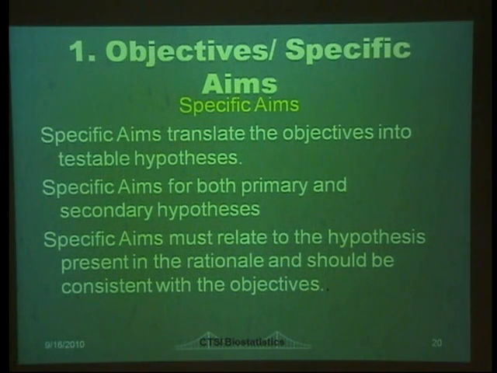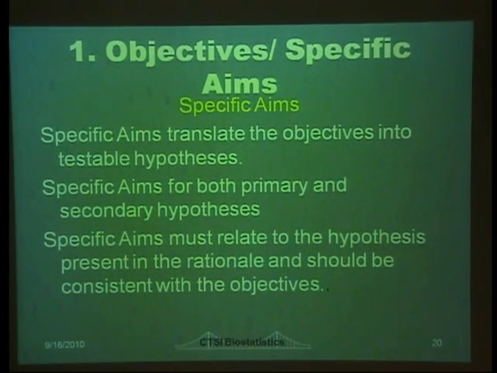Specific aims are a little bit different, and this is where working with the statistician comes in. The specific aims are going to translate these objectives into some testable hypothesis. So if we were in the weight loss kind of thing, an objective may be to study a new, let's say, exercise program.